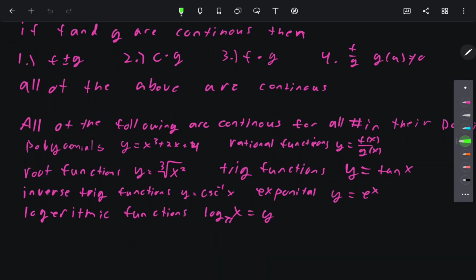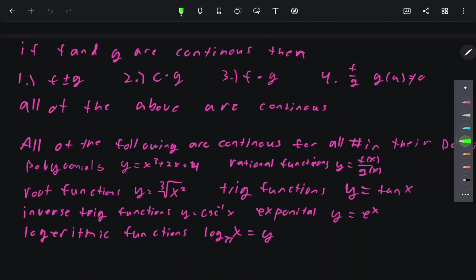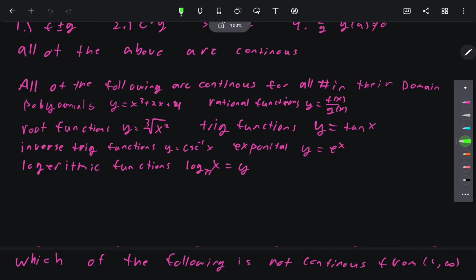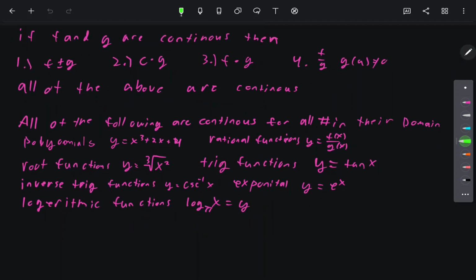So, all the following functions and all numbers in their domain are continuous. For example, a polynomial is continuous for all real numbers, no matter what. A rational function is continuous as long as g of x is never equal to 0.